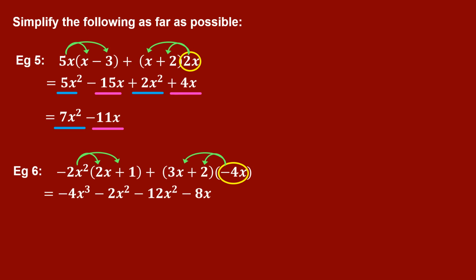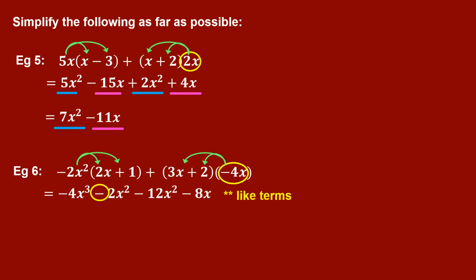Then that minus 4x I'm going to bring into the bracket, but remember we're going to change signs. So minus 4x times 3x is minus 12x squared, and minus 4x times 2 is minus 8x. So that minus 4x was in a bracket after the other bracket, so I multiply it in. And we've just got to remember in that first term, a minus times a plus is a minus.